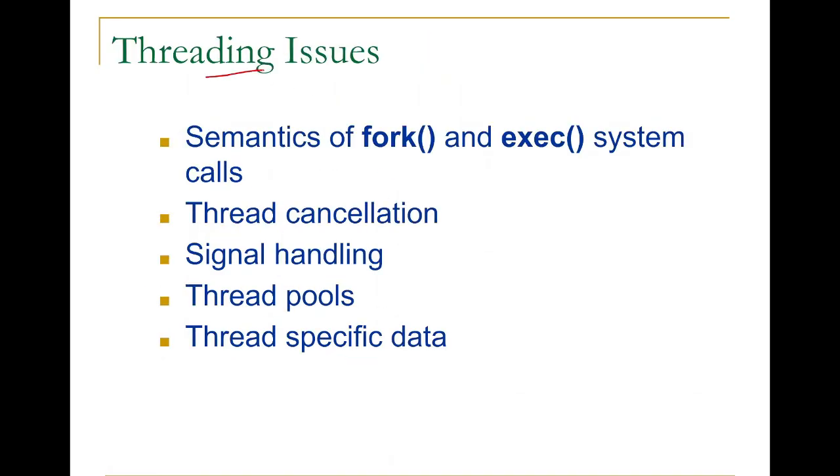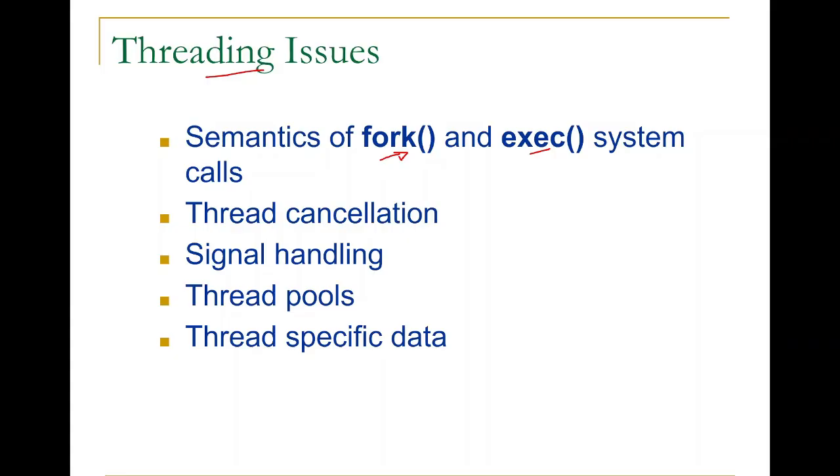Let's look at threading issues. Some operating system threading issues. One is the semantics of fork and exec system calls. That's what it really does. For example, we say fork and it may give us child processes, and in the process of bringing up the child processes, it may form what may not really be able to be handled by a system.